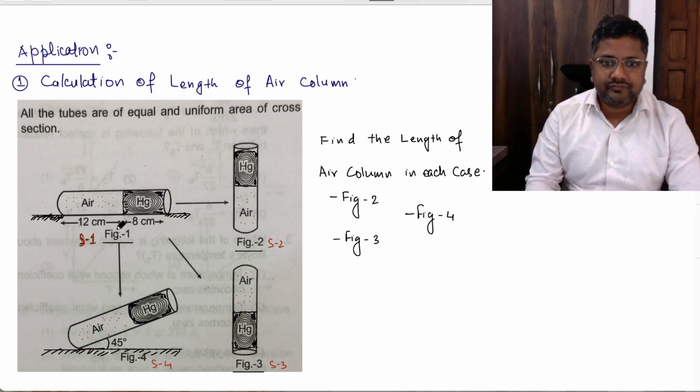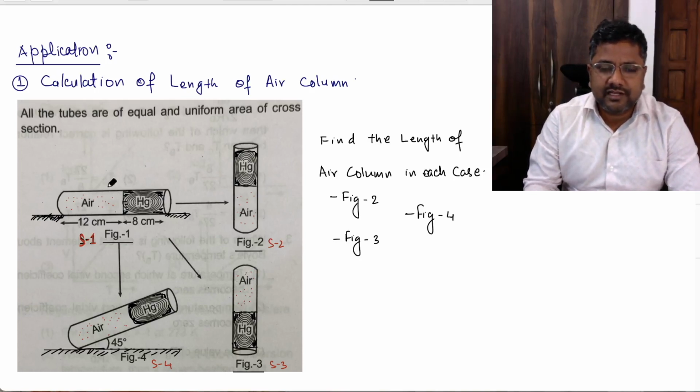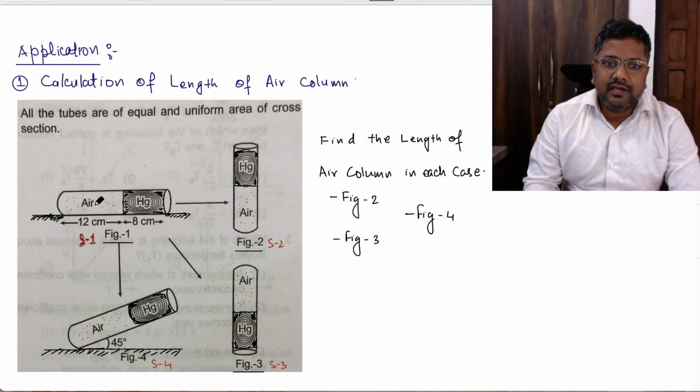So this is the horizontal surface at which this system is kept. Here the gas molecules will exert pressure on this surface of mercury by striking, right?